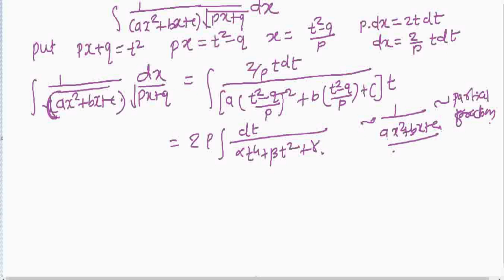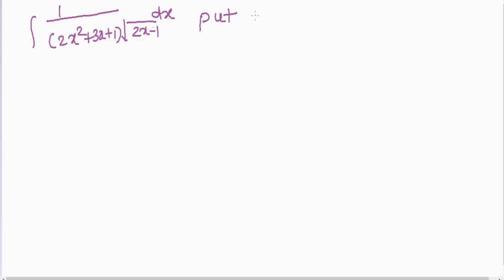Let us see an example of these types so that your idea will be clear. Suppose if you want to integrate 1 divided by 2x square plus 3x plus 1 into under root of 2x minus 1 into dx, then easily what is our substitution?